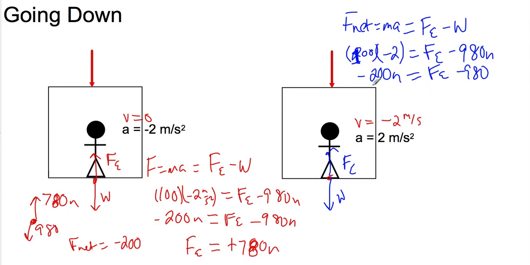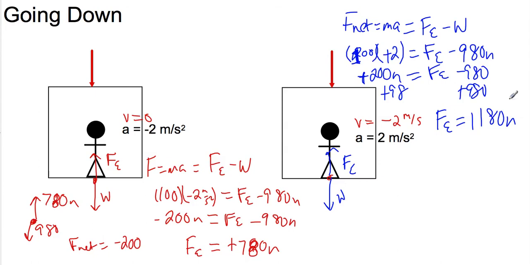I'm sorry, there's a mistake here. My velocity is negative 2. My acceleration is a positive 2. Which makes that a positive number. Sorry, kind of a crucial mistake, but I think it's fixable at this point. That positive 2 makes this positive 200 newtons, so when I add 980 to both sides, my elevator force is equal to 1,180 newtons.